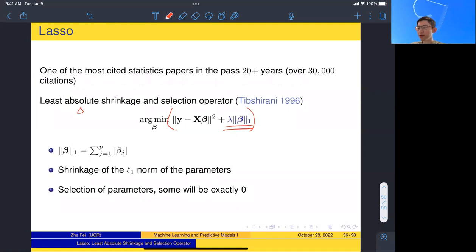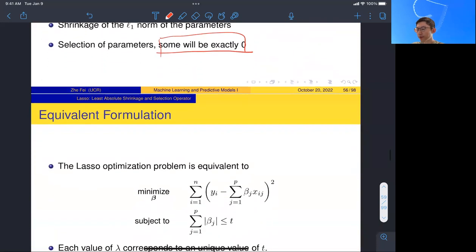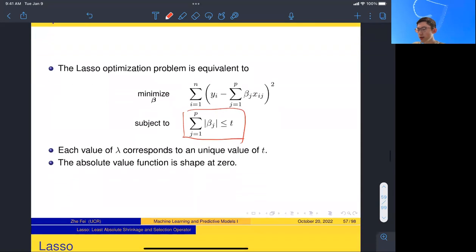It's taking the absolute value of all the beta j's. The key property for lasso is that it achieves selection by enforcing some of the beta j's to be exactly 0. And same as ridge, we have the equivalent formula where the constraint is on the L1 norm.